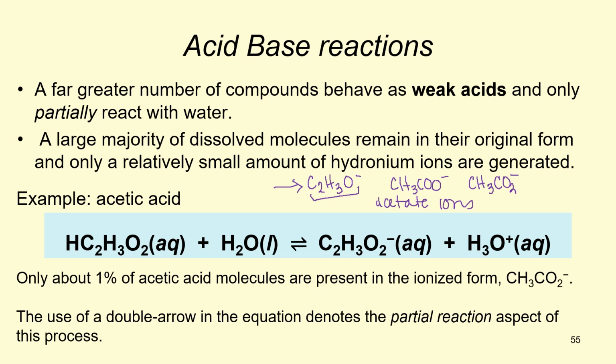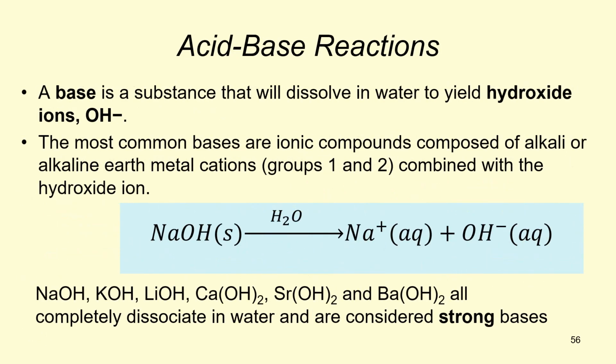So anyway, the double arrow indicates that it's a weak acid and that it will not dissociate very much. And so in general, if it's a weak acid, we keep it together. A base is something that when dissolved in water will yield hydroxide ions. Some of the most common bases are the hydroxides from the group 1 and 2 metals, so sodium hydroxide, lithium hydroxide, potassium hydroxide.